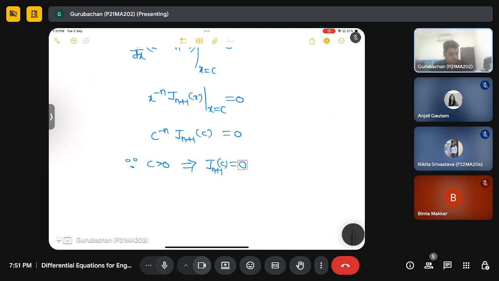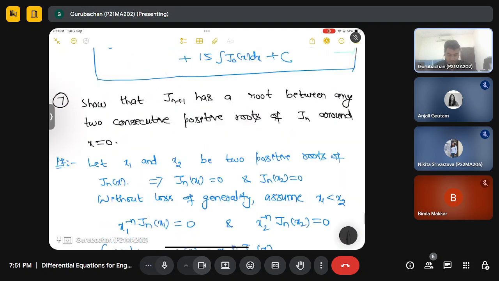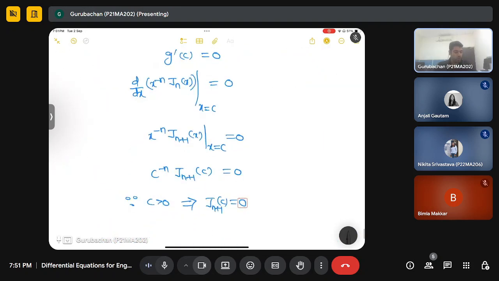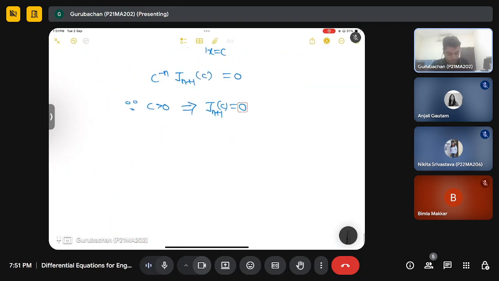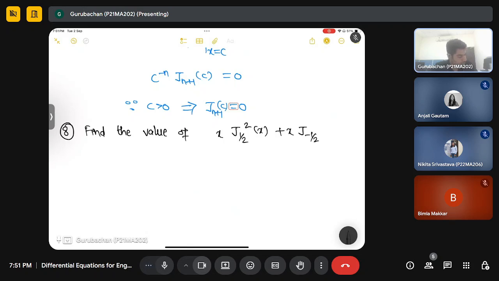In the next question, question number 8, we want to find the value of x J_(1/2)^2(x) plus x J_(-1/2)^2(x).